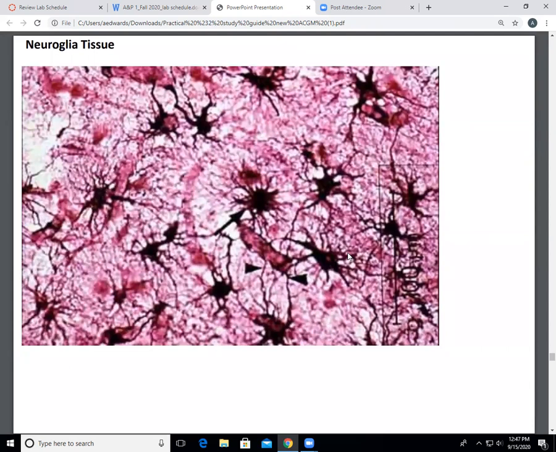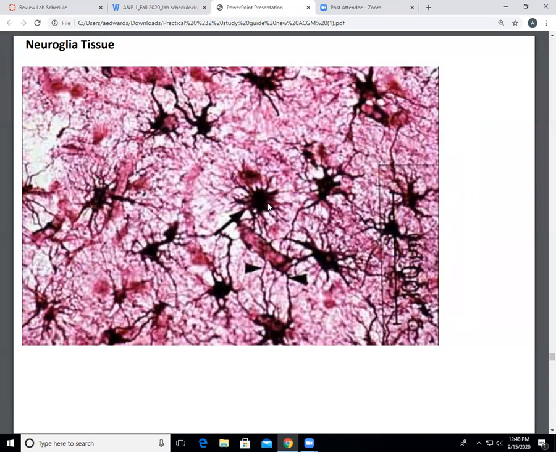All right, here's another view of the neuroglia. So hopefully you can look at this and tell, A, this is not epithelium. B, this is not connective tissue. C, this is not muscle tissue. So it's nervous tissue, but these are not neurons. So it's neuroglia.